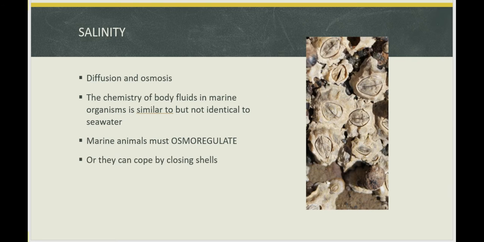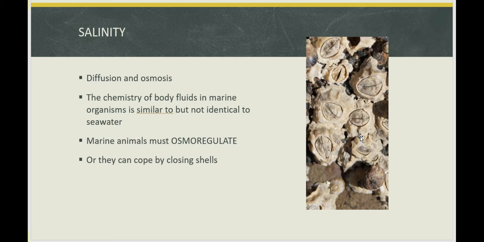Now, there are some organisms that cope with this in a different way. And a great example of that would be barnacles. So barnacles are stuck in one place, right? They're glued down. And they're in a place where sometimes things are really salty and sometimes things are really fresh because they're near the land. So if there's a lot of rain, they have a lot of fresh water around them, right?